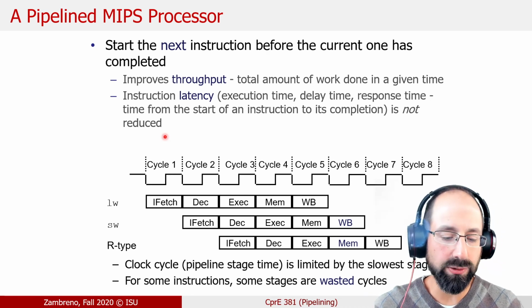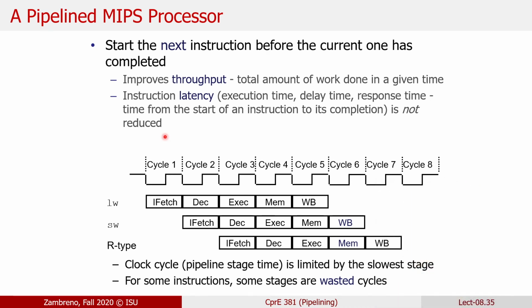And as we go back to our timing diagram here for our MIPS pipeline processor, the idea is, again, connected to that analogy of the laundry, right? The latency of an individual instruction is not actually changing. From the time we fetch a load instruction to the time we are done with that load instruction is still roughly the same as it would be for our multi-cycle implementation, at least.